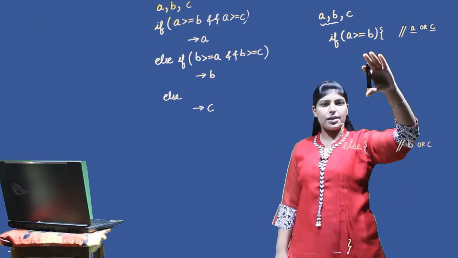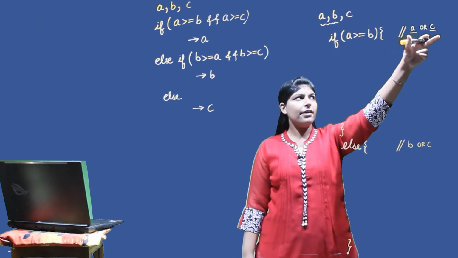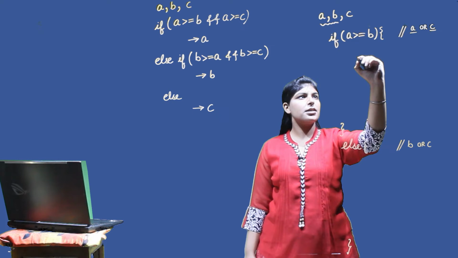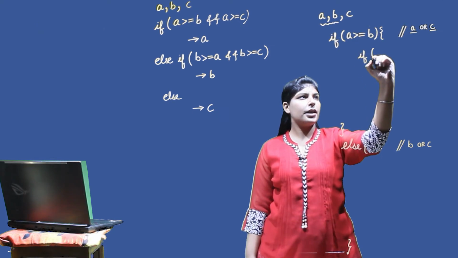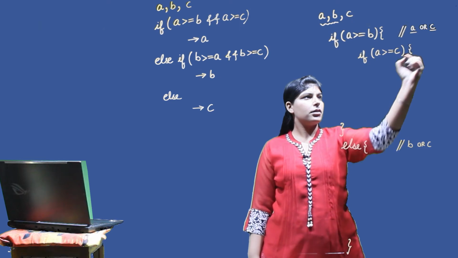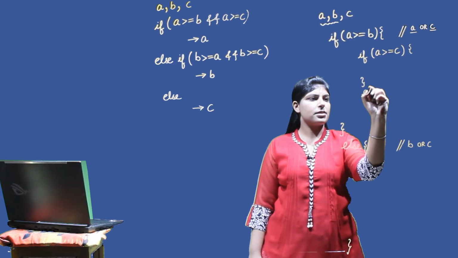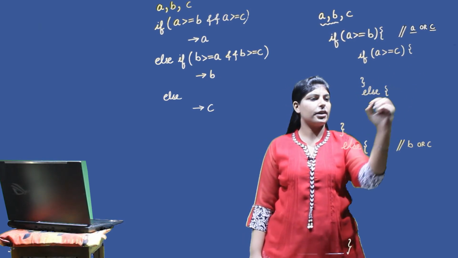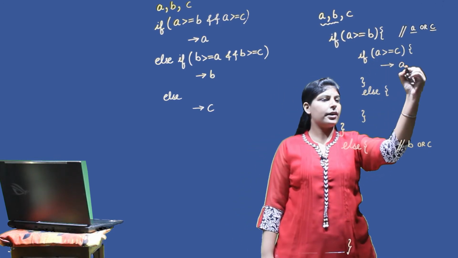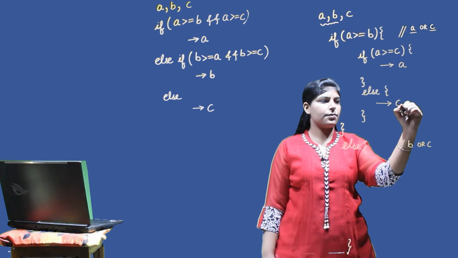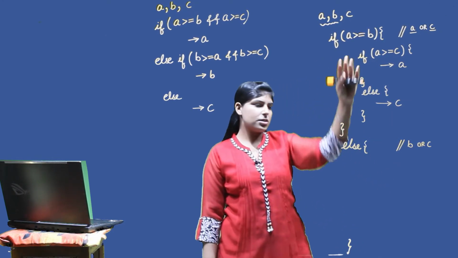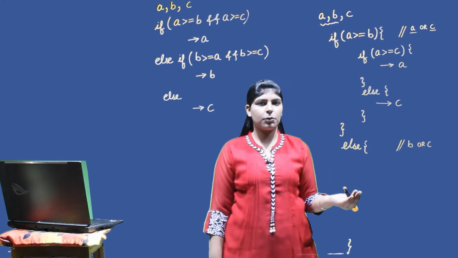So inside this if block, I'll compare A with C, because I do not know which of these is larger. So inside this block, I will compare if A is greater than or equal to C, and else. So in this else means A is not greater than C. So in this case, A will be larger, and in this case, C will be larger. Similarly, in the else block, I know that A is not the larger, but out of B or C, any of them could be larger.